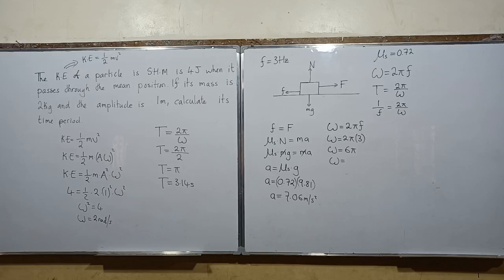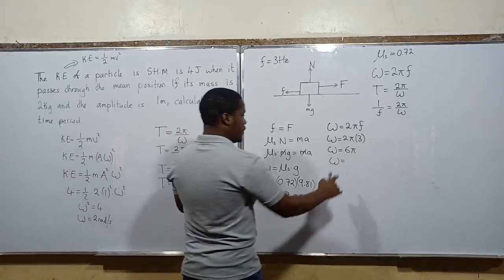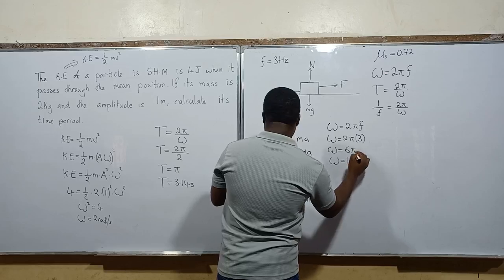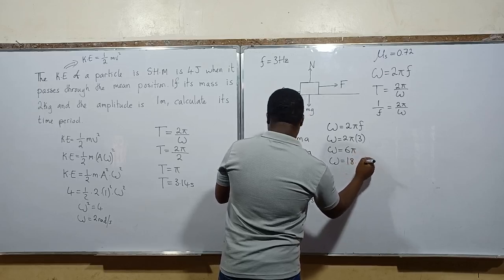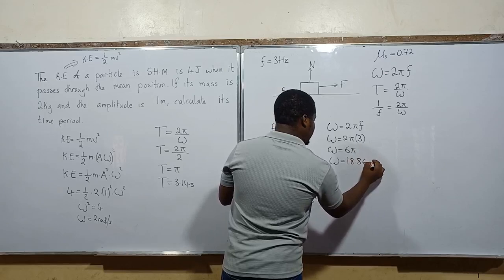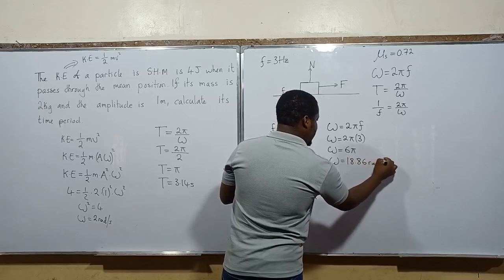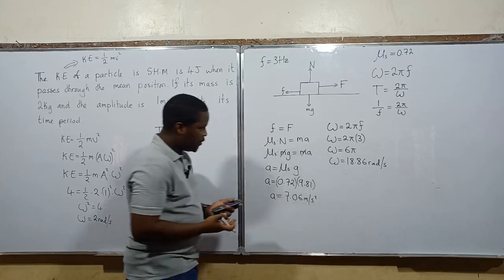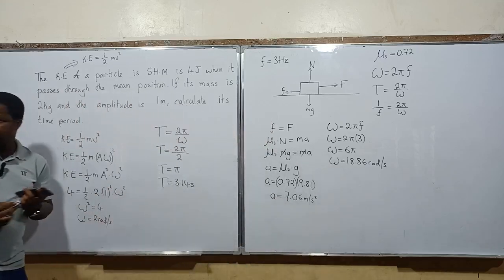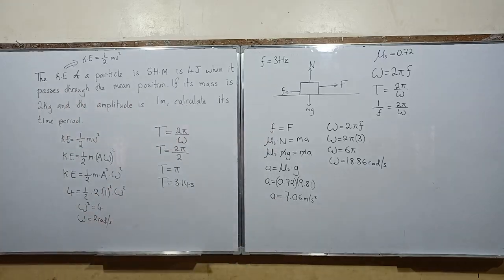I'm getting 18.86 rad per second. So now that I have omega and I have acceleration, I can easily find amplitude.